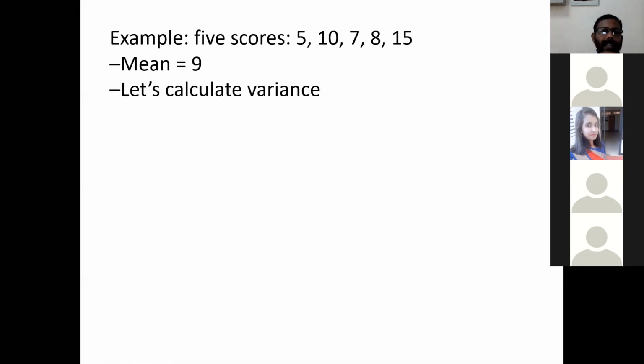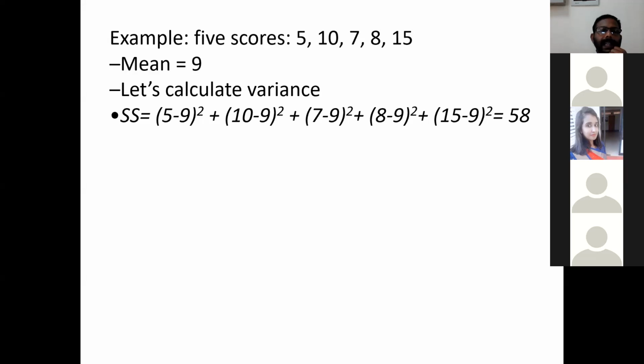Now we can calculate the variance as we did earlier. The first observation is 5, so 5 minus the mean value, then you square it. 10 minus the mean value, square it. 7 minus the mean, square it. 8 minus mean, 15 minus mean, and square them.